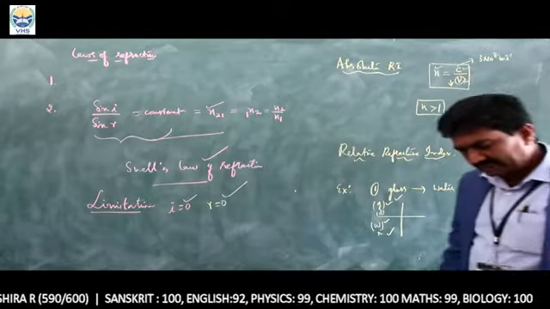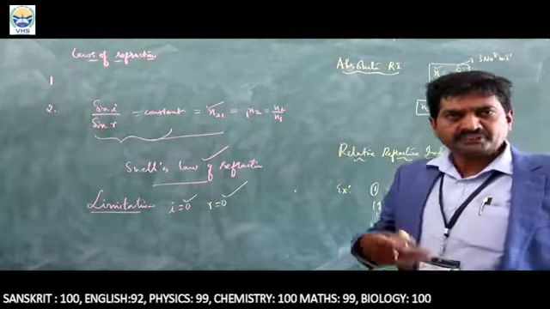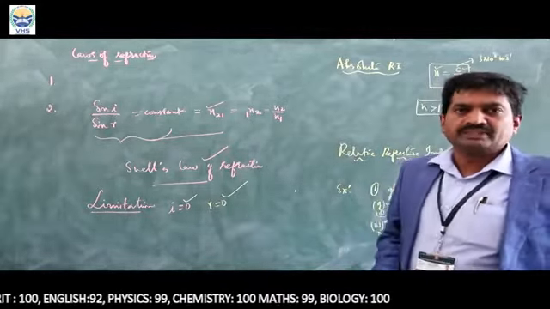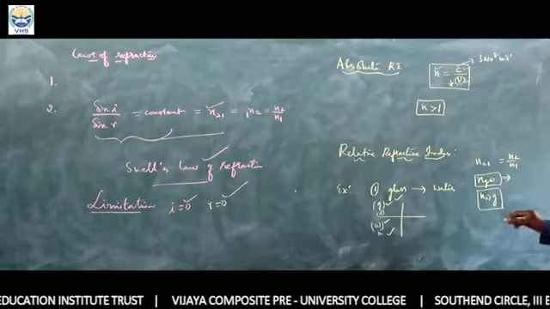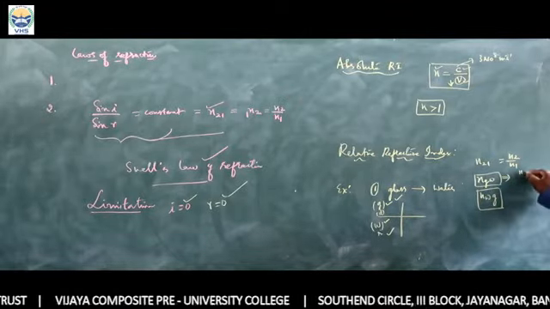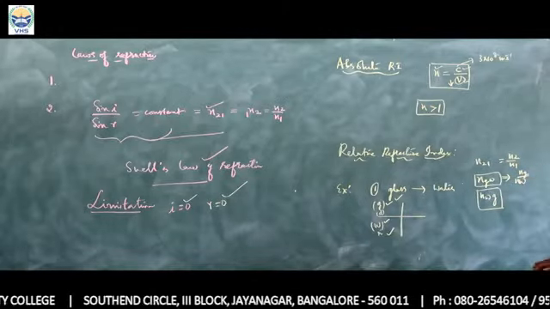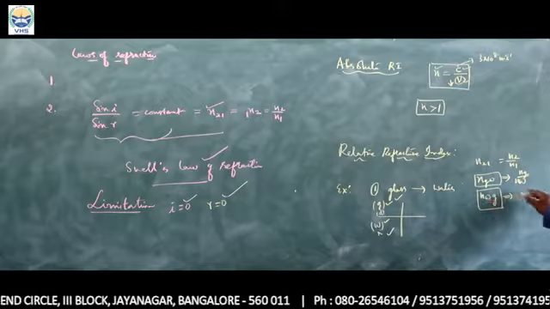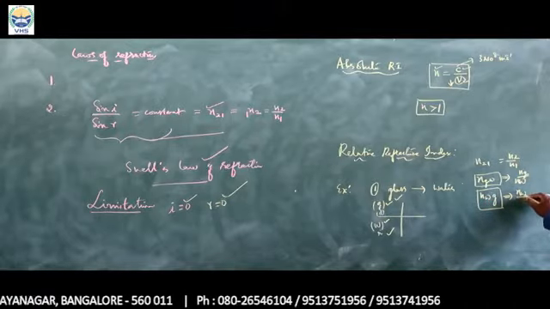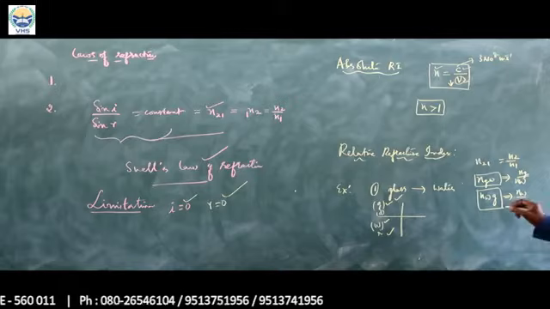This is similar to saying that refractive index of medium 2 with respect to medium 1 is equal to N2 by N1. Like this, refractive index of glass with respect to water is Ng by Nw, and refractive index of water with respect to glass is Nw by Ng.